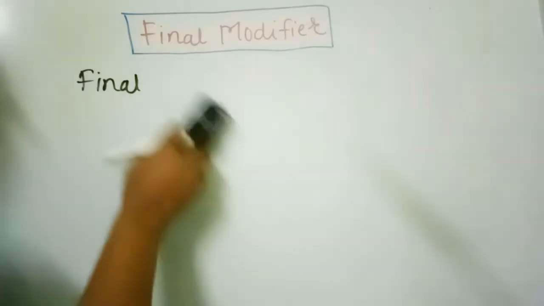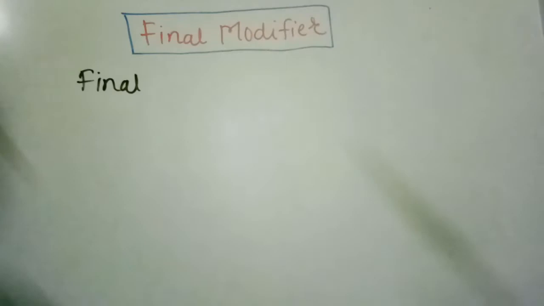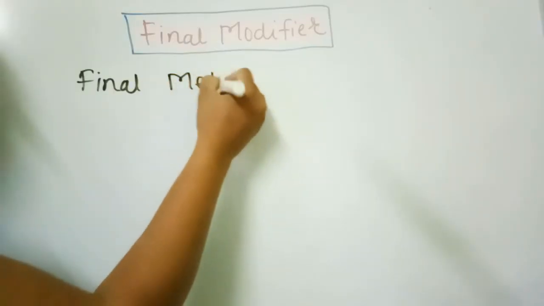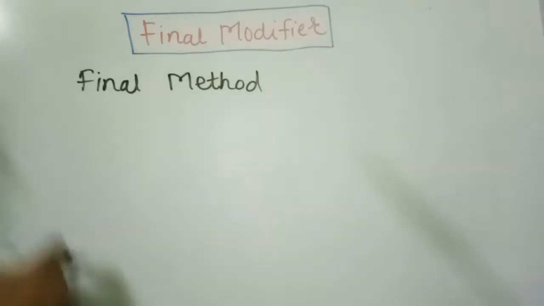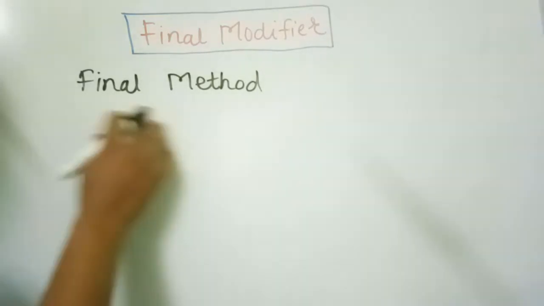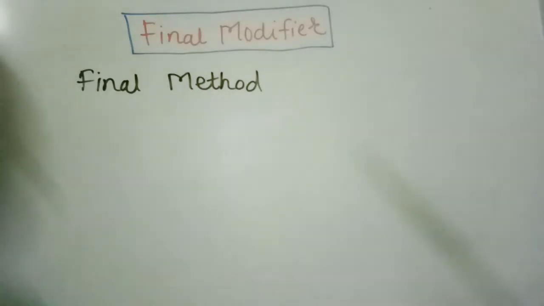Now, as the variables can be final, methods can also be final. How? Methods can be declared final, indicating that they cannot be overridden in the subclasses. Means if you want to avoid the overriding of a base class function in the derived class, then simply mention it as a final method.